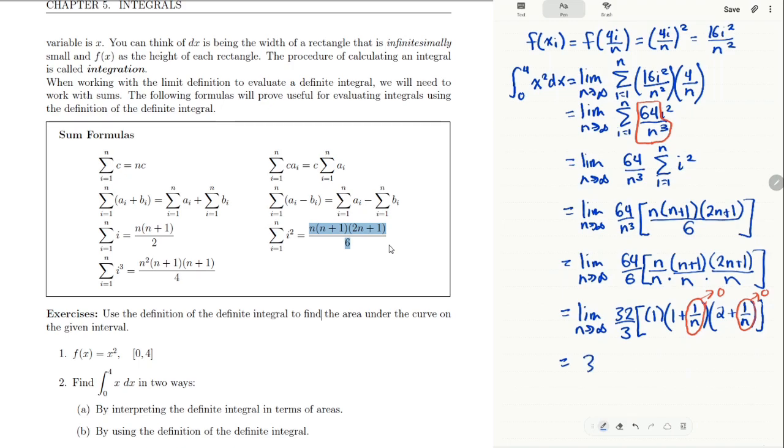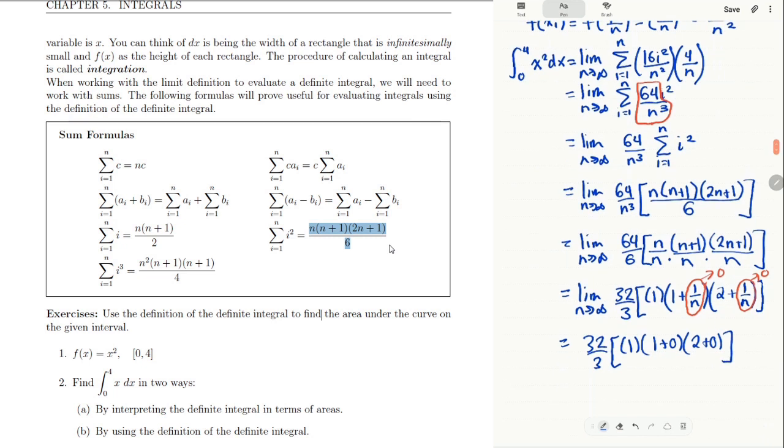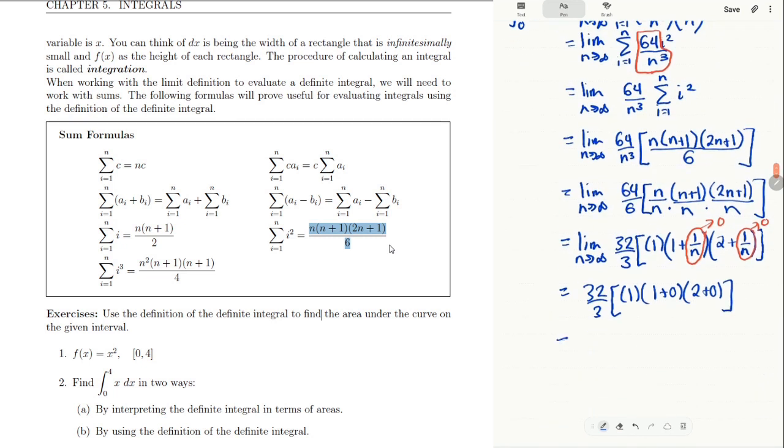So this becomes 32 over 3 times 1 times 1 plus 0 times 2 plus 0, and this becomes 64 over 3. And so the area underneath the curve of x squared from 0 to 4 has 64 over 3 square units.